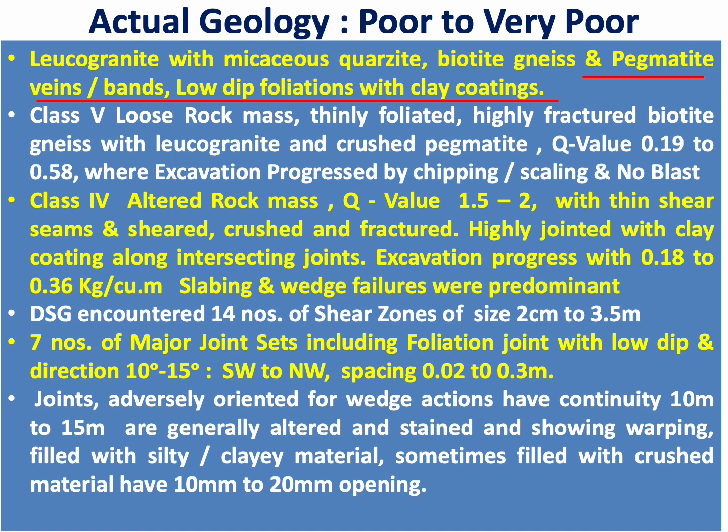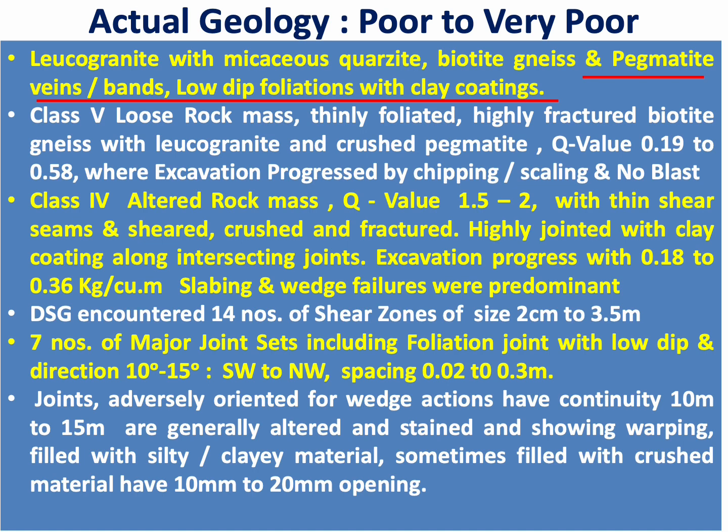Downstream Surge Gallery encountered 14 shear zones of size 2 cm to 3.5 meter, 7 major joint sets including foliation joint with low dip and direction 10 degree to 15 degree, southwest to northwest, spacing 0.2 to 0.3 meter.